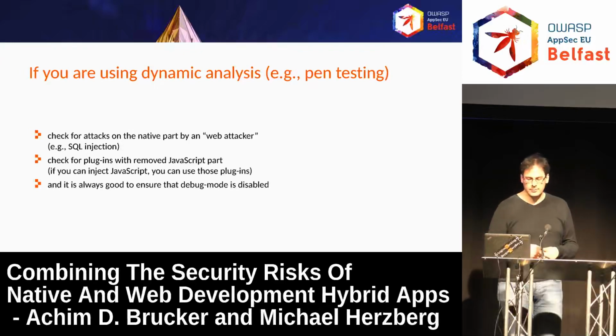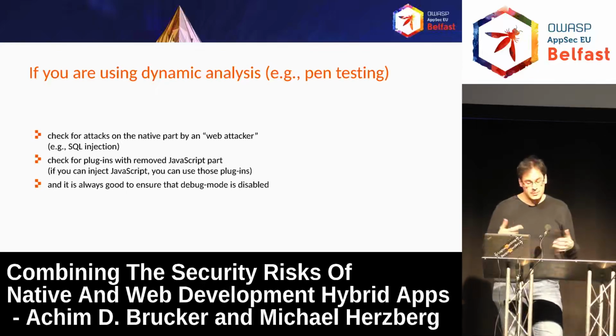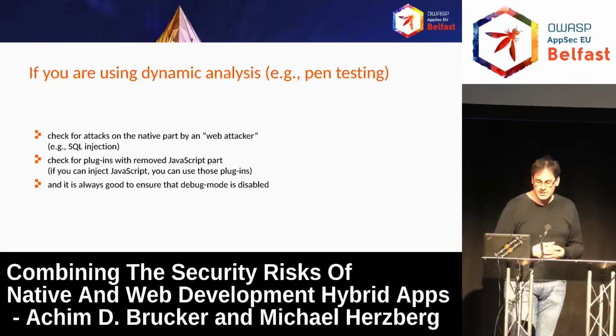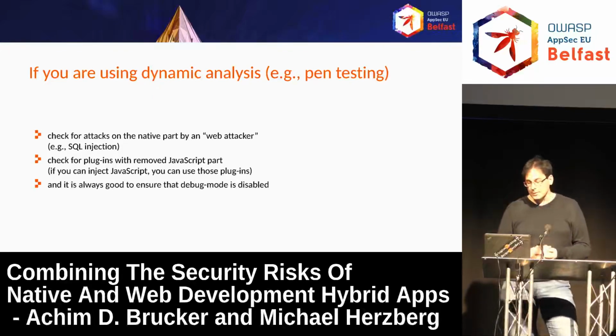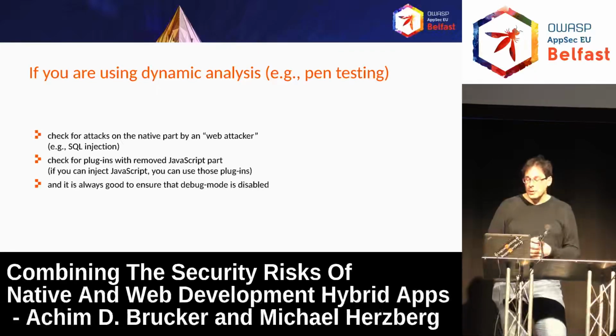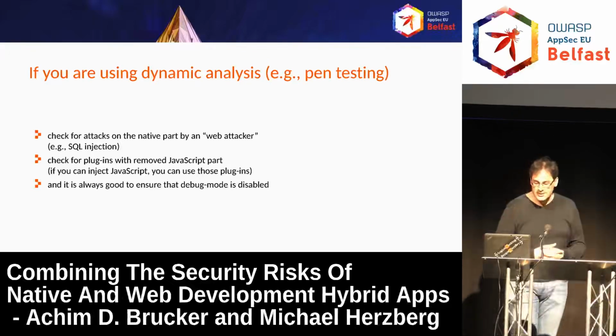If you're assuming that your JavaScript part could have a cross-site scripting vulnerability or some other vulnerability where an attacker can inject JavaScript, then of course an attacker can also inject the missing parts for accessing the Java interfaces exposed by a plugin. So if you want to remove plugins, remove both sides. And in some cases, you might even want to customize a plugin in terms of providing, for example, a read-only access plugin to the calendar of the device or the address book of the device.